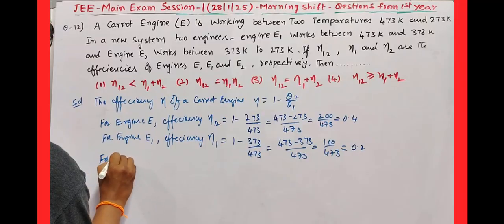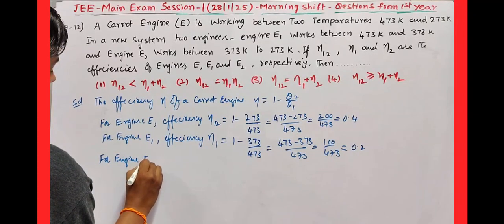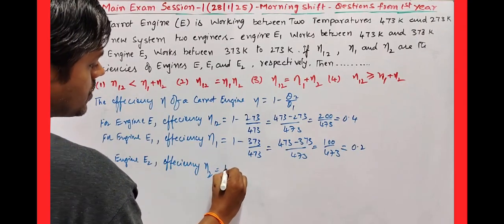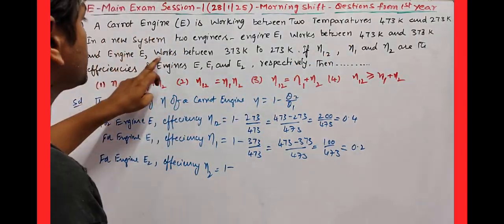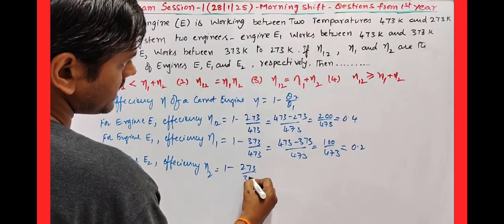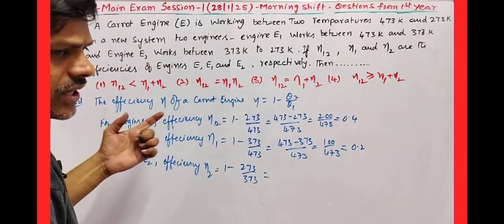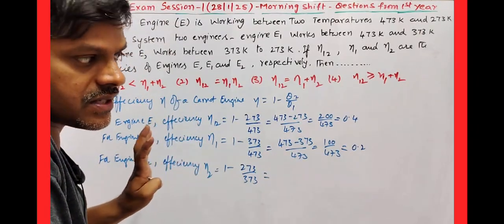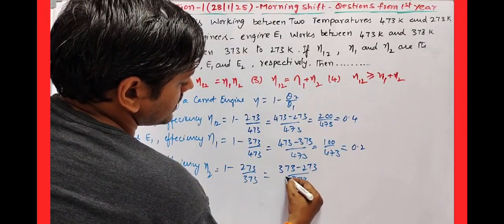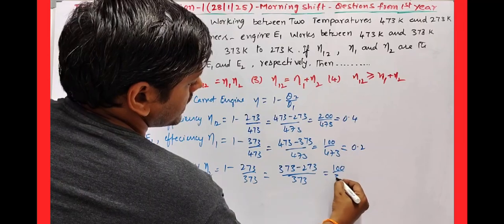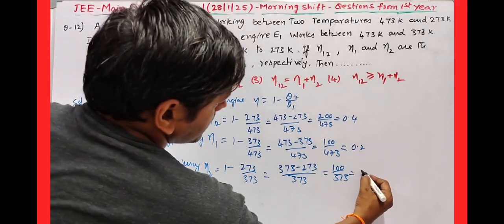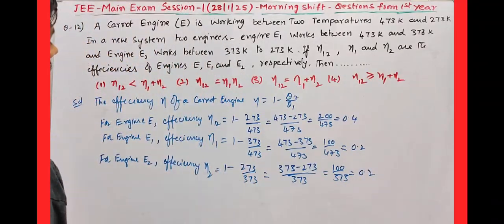Next, for engine E2, working between 373 and 273, eta 2 is 1 minus 273 by 373. You know very well, a heat engine works between source, sink and working substance. So (373 minus 273) by 373 is 100 by 373, approximately 0.2. Remember, approximately.